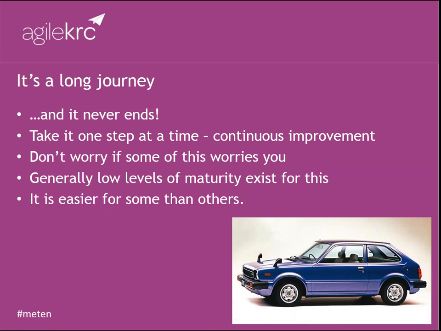But some things are easier than others. Organisation by organisation, look at your own situation. I always use the example of a newspaper, a media company. It's actually easy for them to do certain things because they can get the interaction really quickly on a daily basis. And the car is a Honda Civic, and the reason it's there is because the Japanese over decades have just made small improvements all the time.